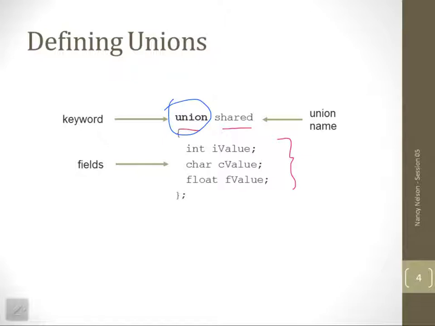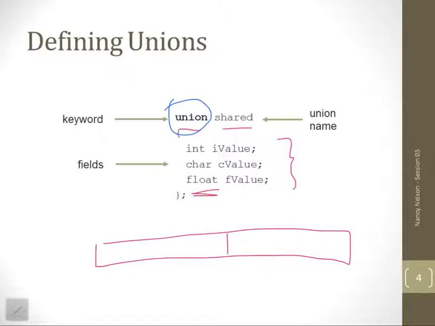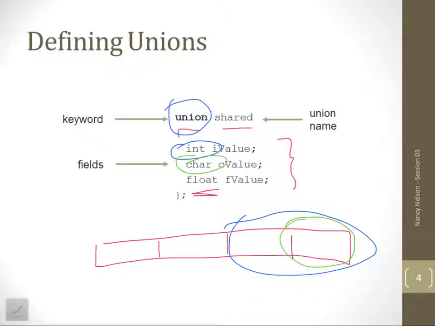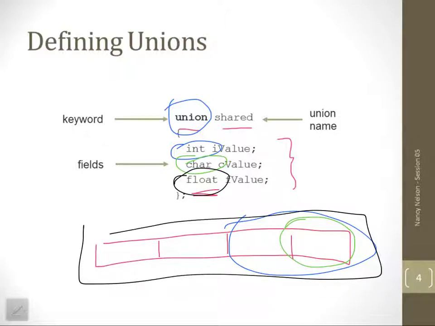In this case, we have an integer, which takes 2 or 4 bytes depending on the platform, a character, which always takes 1 byte, and a float, which takes 4 or 8 bytes depending on the platform. We're going to reserve enough memory to hold a floating point number. Let's say it takes 4 bytes for our floating point number. If we use an integer, it's going to use half. If we use a character, it's going to use a quarter. And if we use a float, it's going to use the whole amount of space.